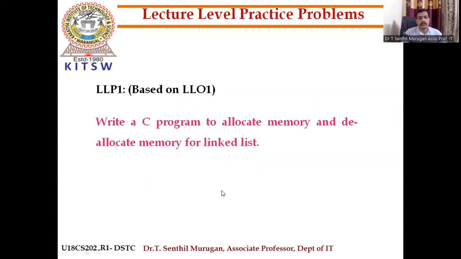So now as a student, you are able to write a program to allocate and deallocate memory for the linked list. You can use the malloc function and free function to allocate and deallocate the memory for the linked list. You just try to write one program and check the output.